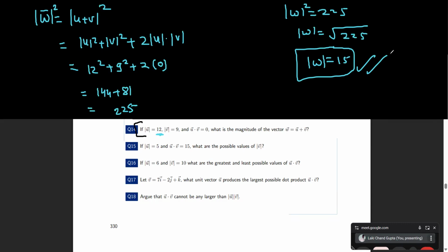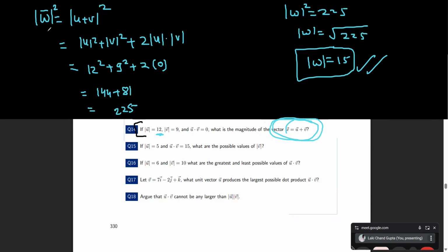But still, I'm not sure I understand what it means, the addition of two vectors, I'm sorry. See, you want the magnitude of w, right?